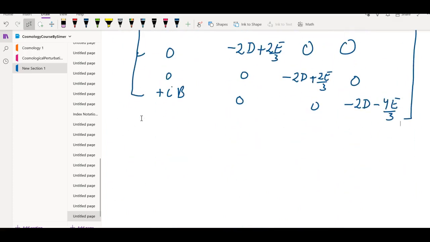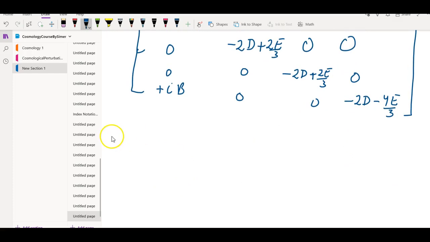Now let us look at the vector part of h mu nu.